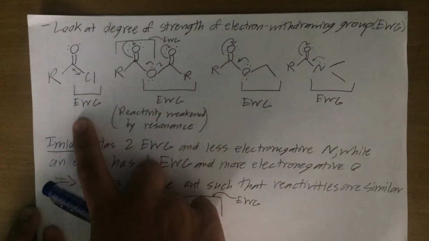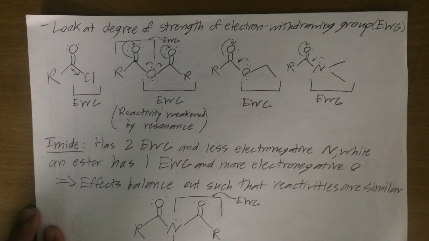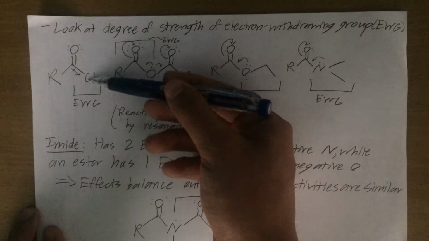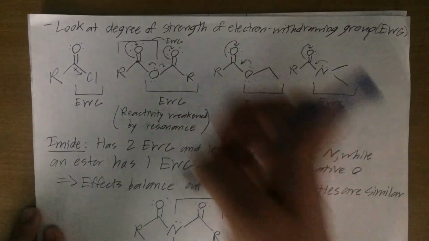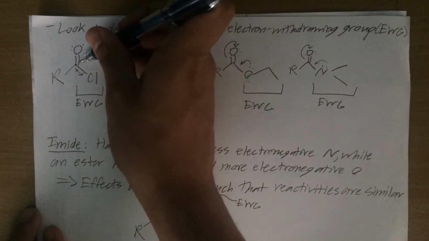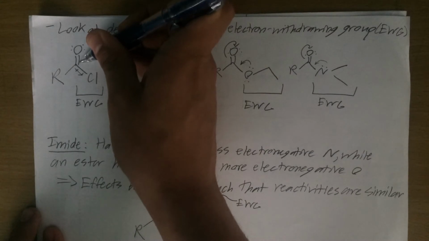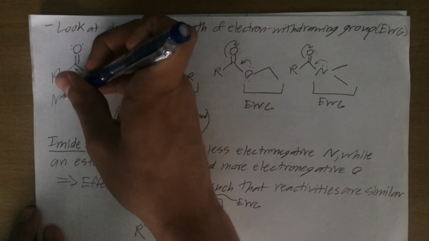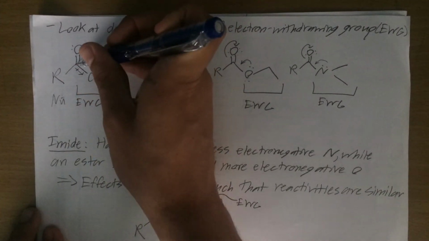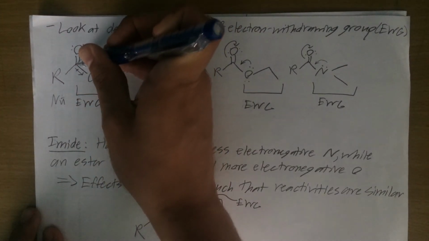So let's look at the acid chloride, the most reactive of the carboxylic acid derivatives. This chlorine is very, very electronegative. It just pulls electron density away from the carbonyl carbon. So this carbonyl carbon right here is really partially positive. It is really electrophilic. So as a result, if a nucleophile wants to attack, it sees, hey, this carbonyl carbon is missing a lot of electron density.